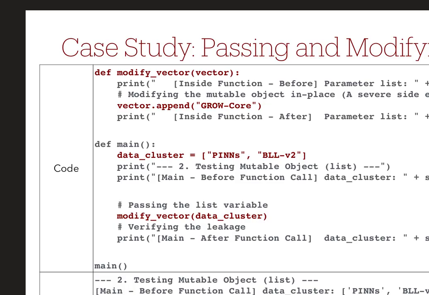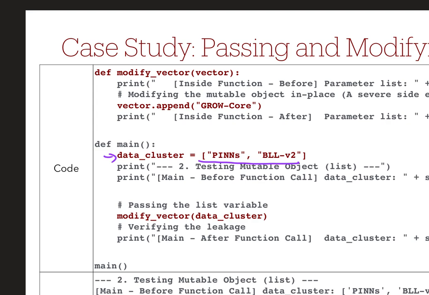Now within the main function, I call this function with this one. So this is a list of 2 text strings, right? So I have a list of strings, and please remember that this list is mutable.